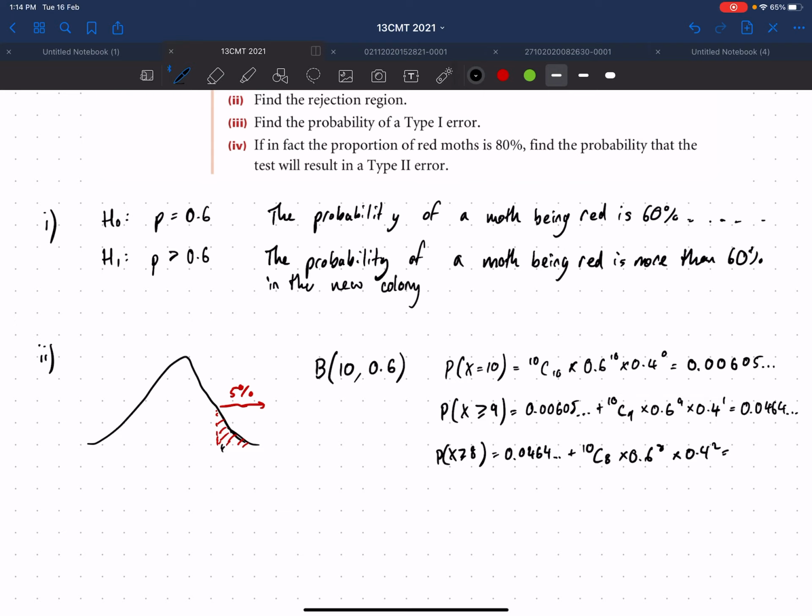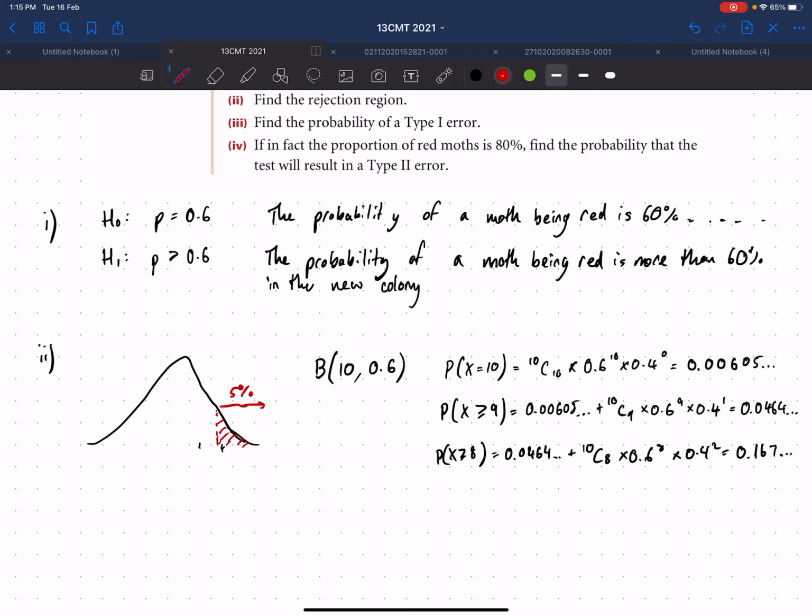So 0.4 squared, 0.6 to the power 8, and 10c8. It just makes life a bit quicker and easier. And you get to your answer of 0.167 to 3 significant figures, which means that that is now outside of our critical region.